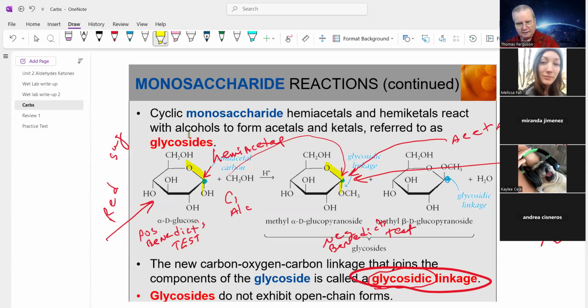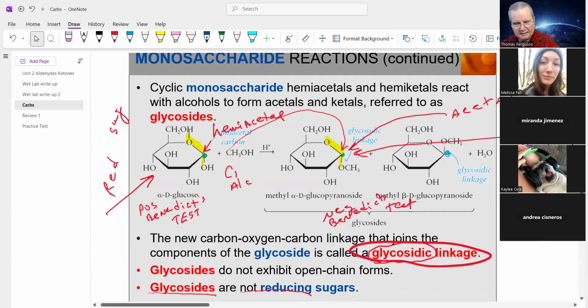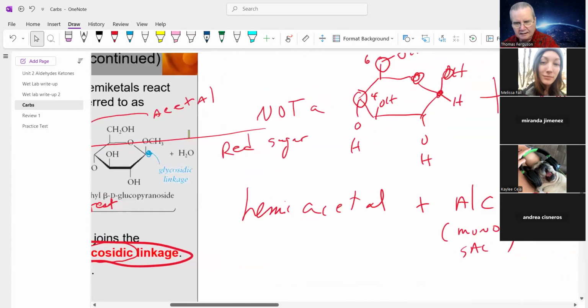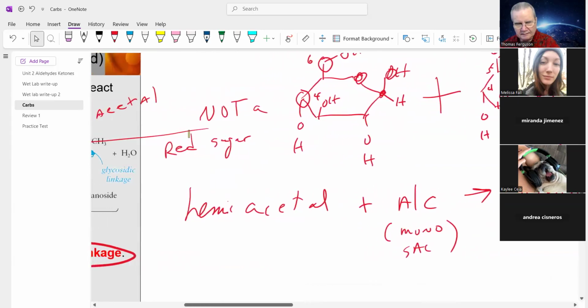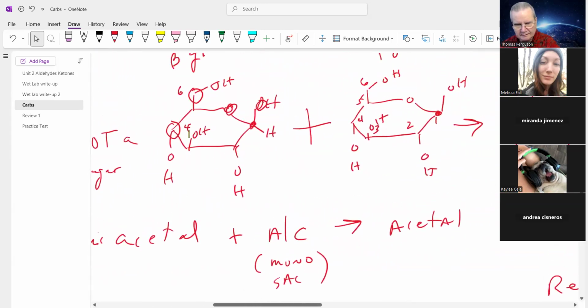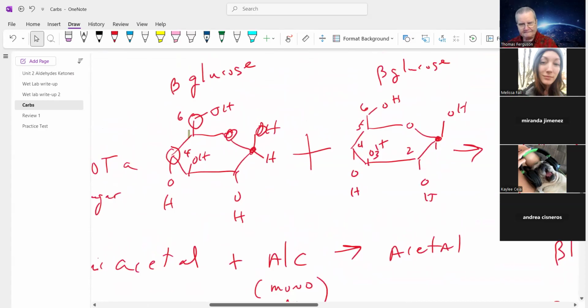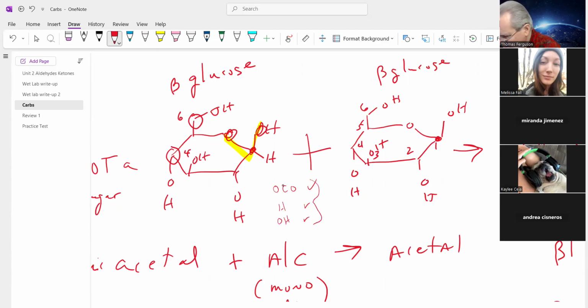And you can do our little test. So we have OCO. That's yes. We have a hydrogen. Yes. We have an OH. Yes. So that means hemiacetal.